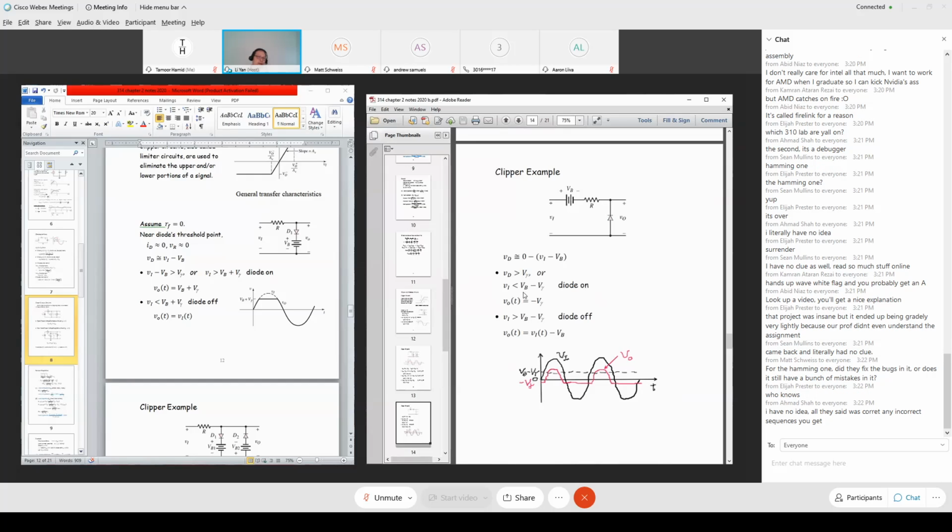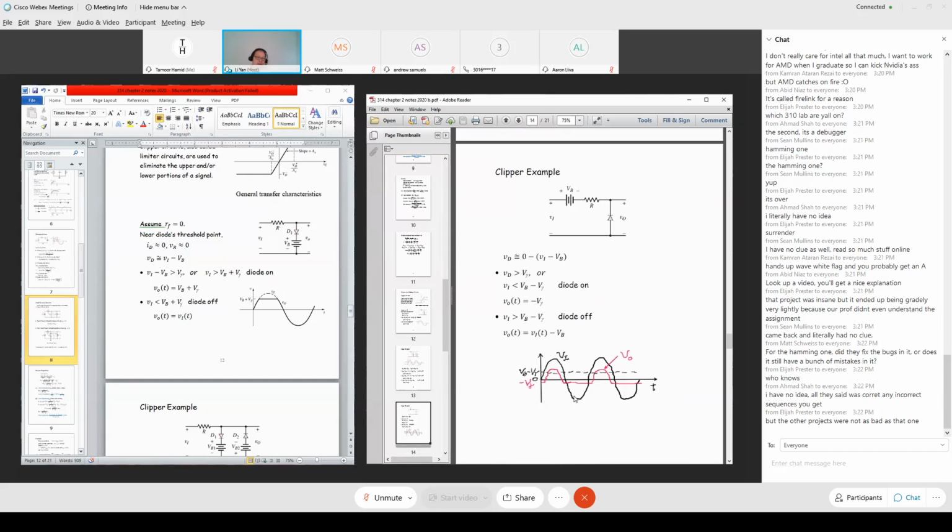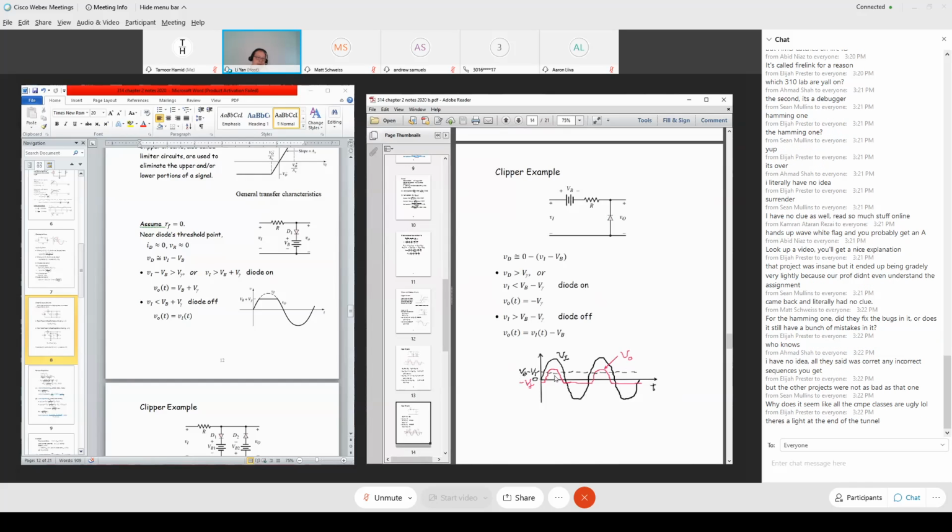An important level is called VB minus V gamma. So here is VB minus V gamma. The black curve is the sinusoidal input voltage. I identify the important level VB minus V gamma at this level. Now I'm looking for the first result I derived.